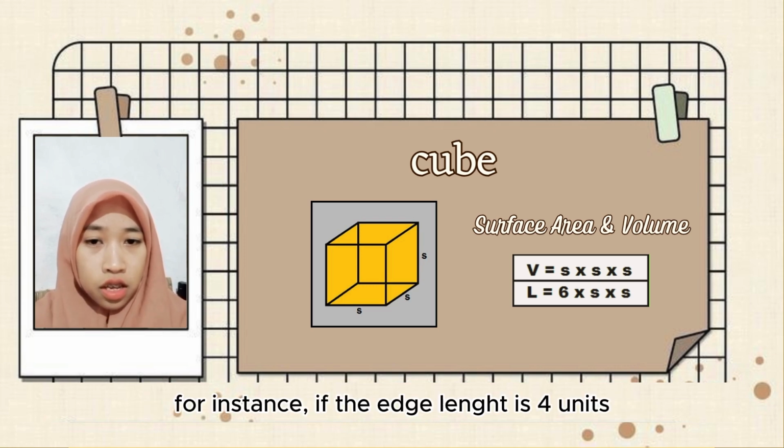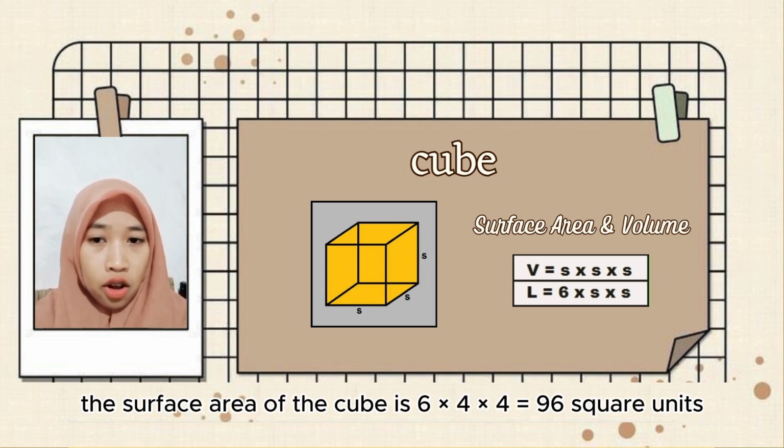For instance, if the edge length is 4 units, the surface area of the cube is 6 times 4 times 4 equals 96 square units.